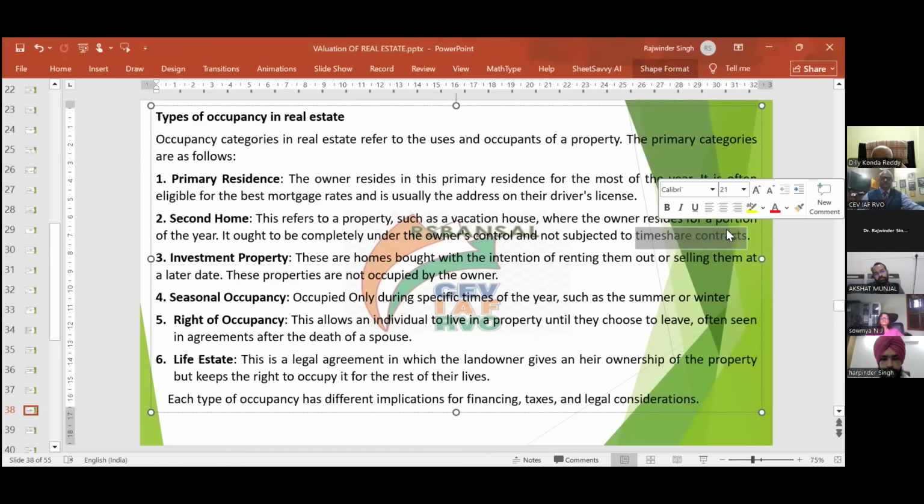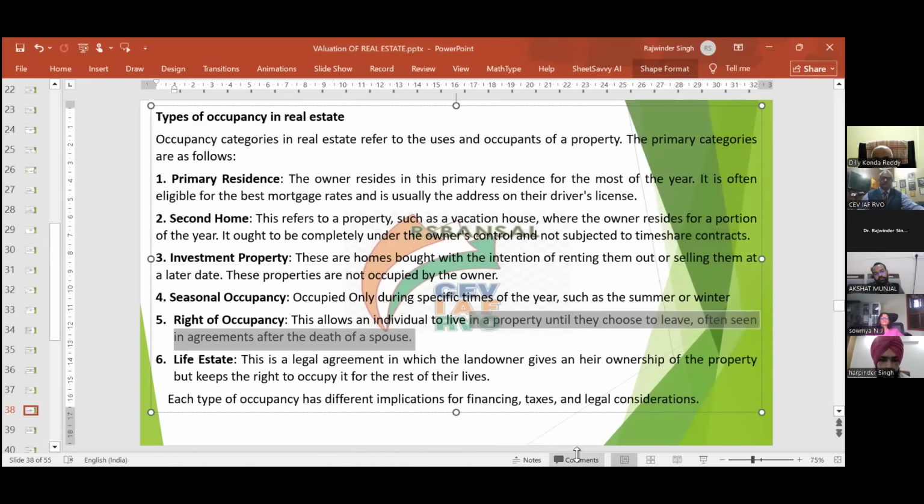That is seasonal occupancy. And then the right of occupancy. This allows an individual to live in a property until they choose to leave, often seen in agreements after the death of a spouse.